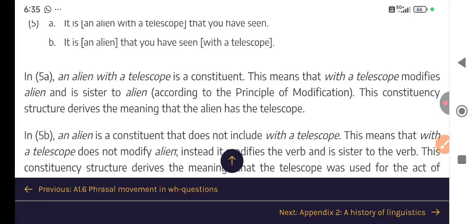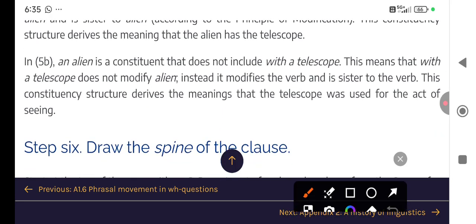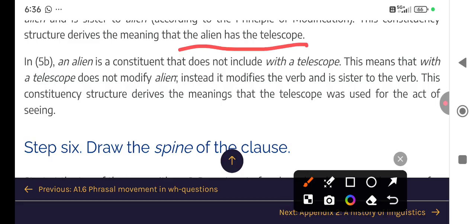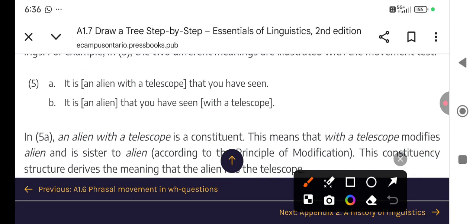The conclusion is that in this sentence the alien has the telescope.